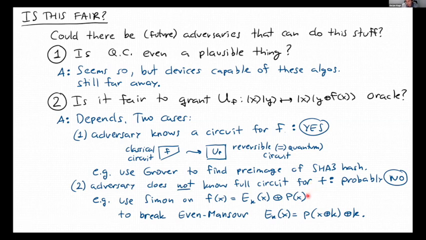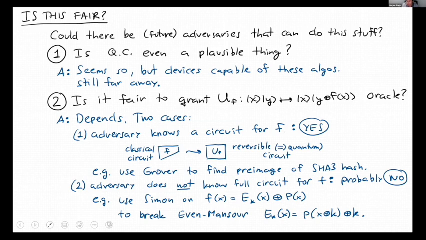So just to give an example of such a setting, consider the Even-Mansour cipher. It's an easy observation that if you take the cipher and XOR it with the public permutation that's used to construct the cipher, then you get a function that essentially satisfies Simon's promise.